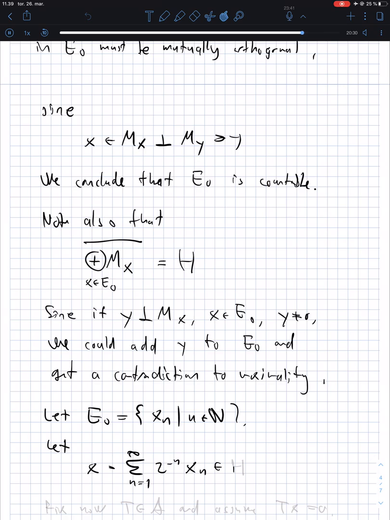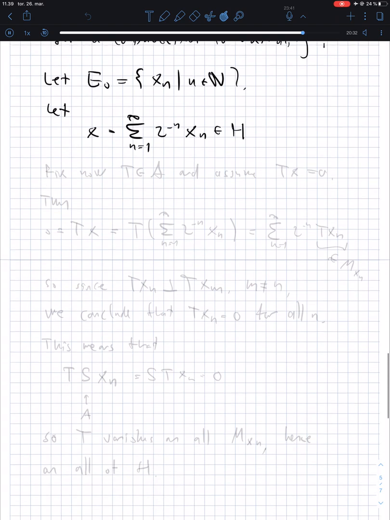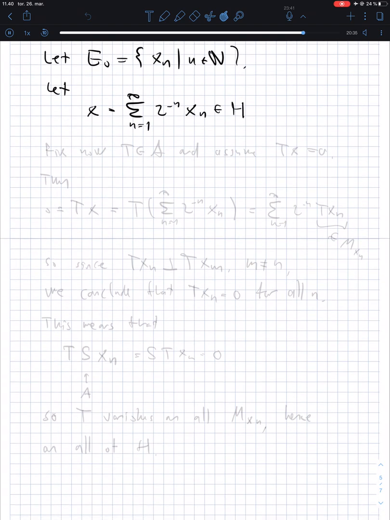And this lies in H because these are mutually orthogonal vectors, and I put on weights on it so that this will become summable. My claim is now, of course, that x is separating, so fix now a T that lies in A, and assume that Tx is 0. Then the idea is to convince ourselves that T must be 0.